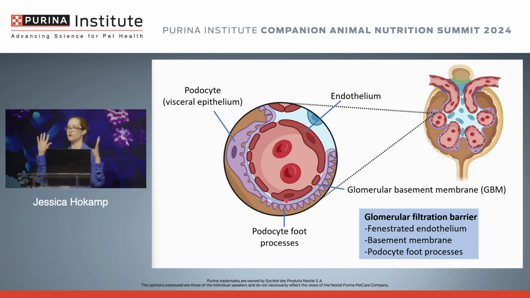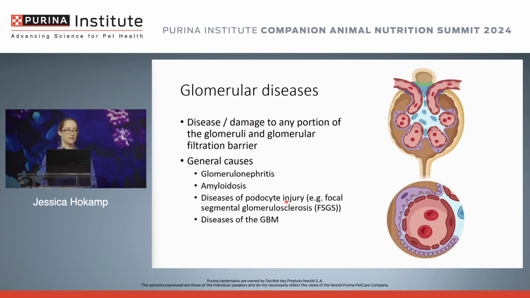So our glomerular filtration barrier is, as I said, composed of that fenestrated endothelium, the basement membrane, and the podocyte foot processes. Any damage to any of those components or other cells or components within the glomerulus will lead to glomerular damage and proteinuria and all of the clinical signs and abnormalities that we see thereafter.